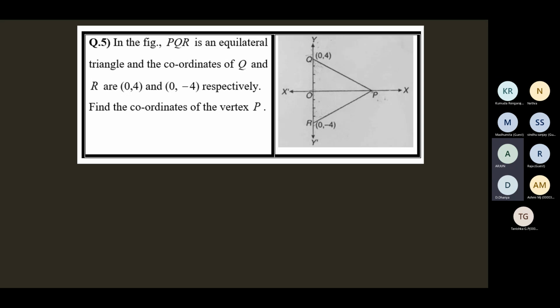No, ma'am. Actually, I told it's an equilateral triangle. PQ is equal to QR is equal to PR. What's the length of PQ, QR, and PR? What's the length of the side?